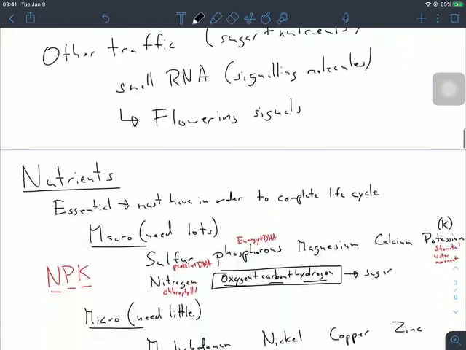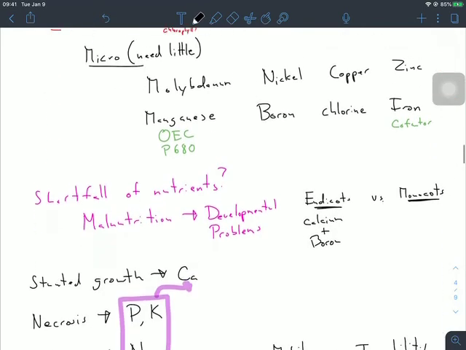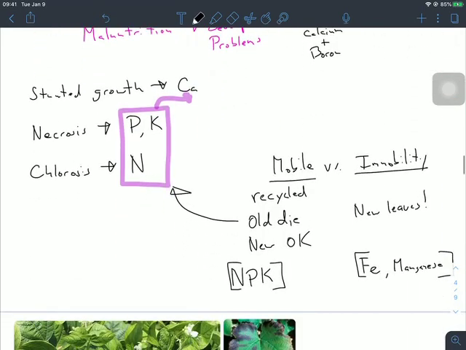And then giving y'all a little bit of a discussion about plant nutrition by going over our essential macronutrients, our essential micronutrients, and what happens to a plant when they don't have those nutrients. Do they suffer stunted growth, necrosis, or chlorosis in new leaves or old leaves?